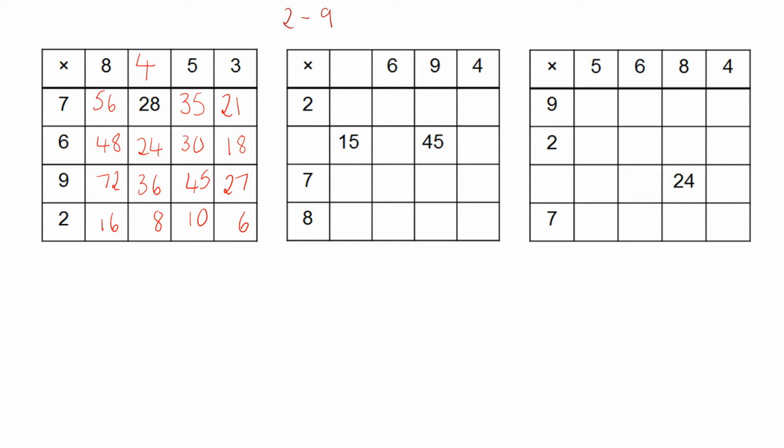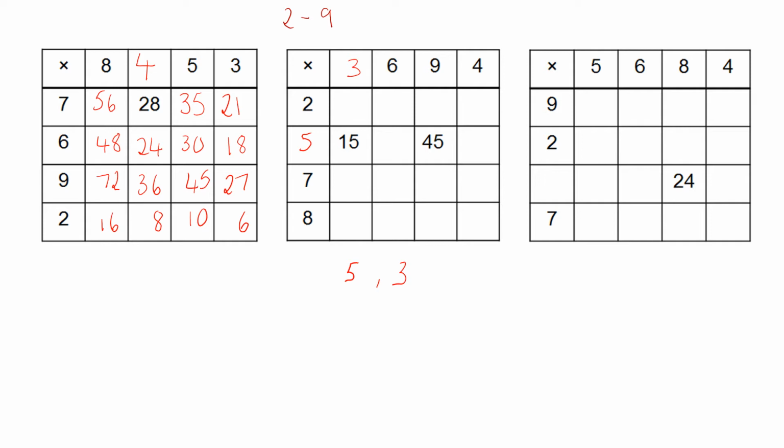Okay, the next one then. So the numbers that we're missing from around the outside are a 5 and a 3. So if we'd put a 3 here, 3 times 9 isn't 45, so that means that this one has to be 5 and that one's 3. And then that makes sense now, doesn't it? Because 3 times 5 is 15 and 5 times 9 is 45.